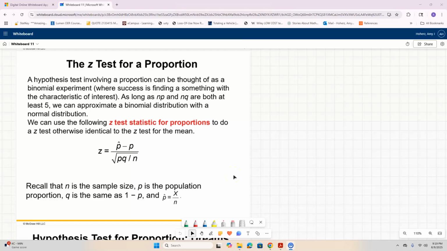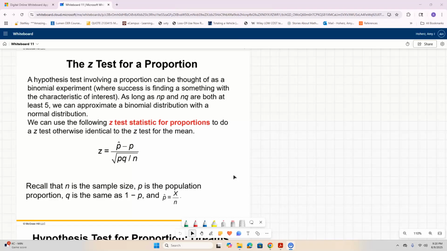So they remind us on this slide that a hypothesis test involving a proportion can be thought of as a binomial experiment, where a success is finding something with the characteristic of interest, and then q would be not finding something in your data set that had the characteristic of interest.